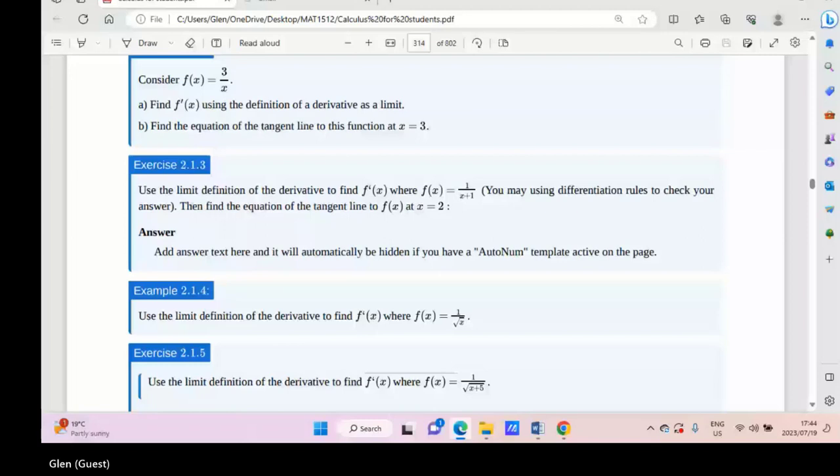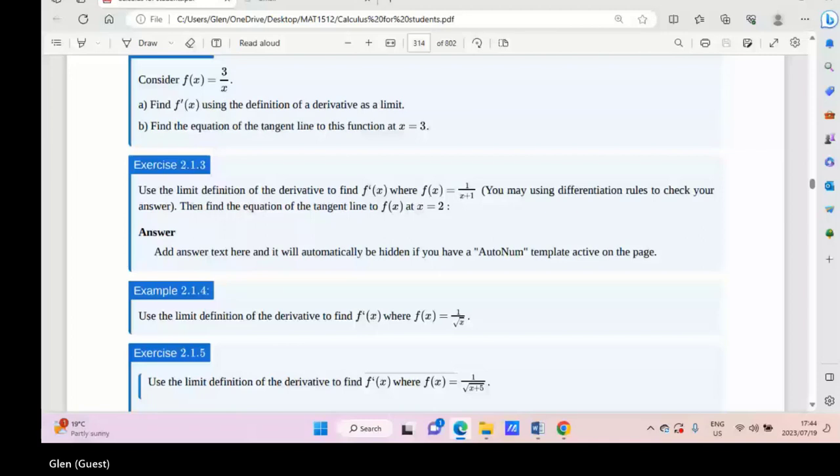Let me ask this question. Are we all aware of which formula to use? Yes, sir. Yes, we are, sir. Sorry, sir, may I ask a question? Yes, Ndumiso.